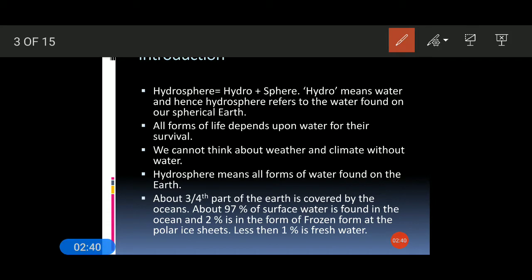The remaining 1% is used for potable water, or for domestic purposes. So only 1% is used for domestic purposes. Although the use of fresh water is more, the reserve of fresh water is very little. That can be in the form of groundwater, or in the form of lakes, rivers, etc.